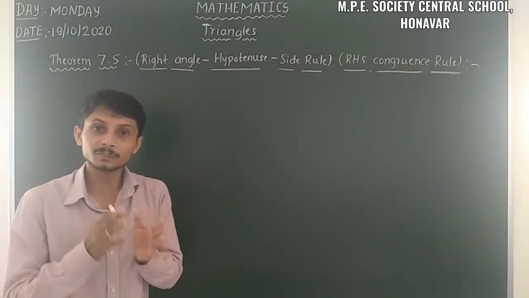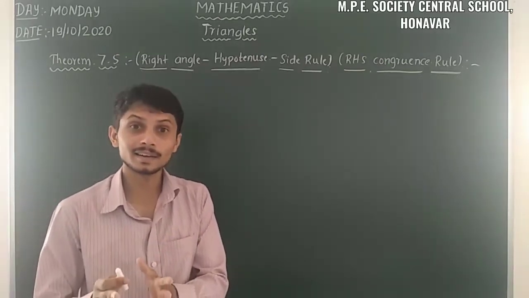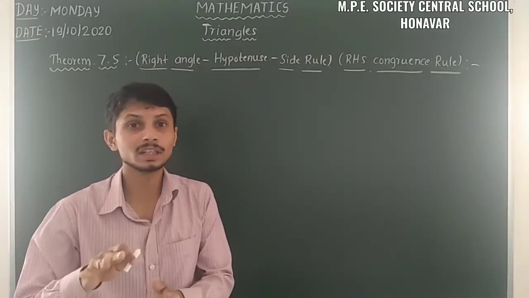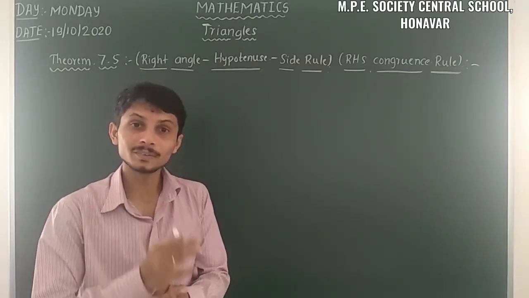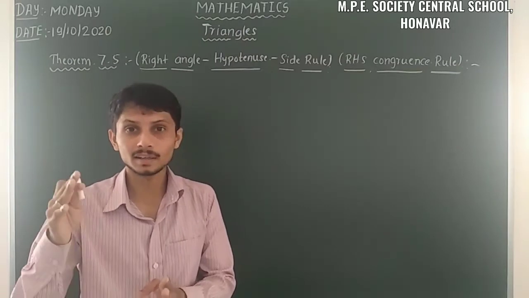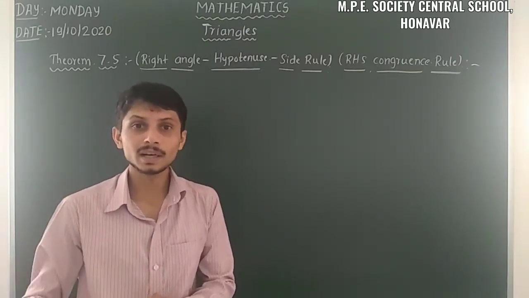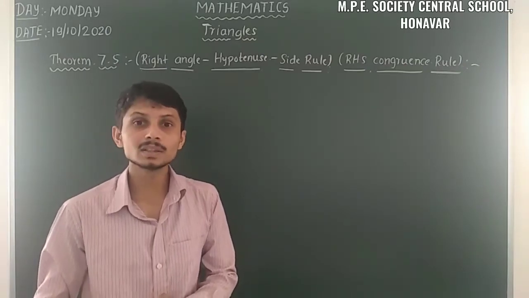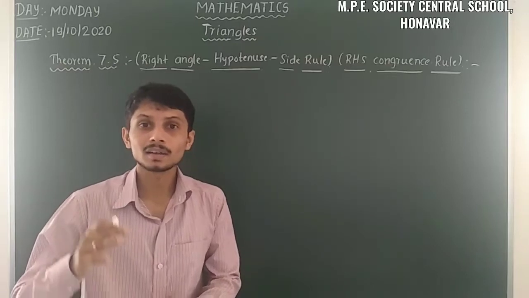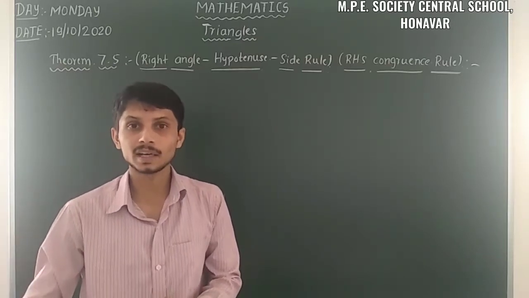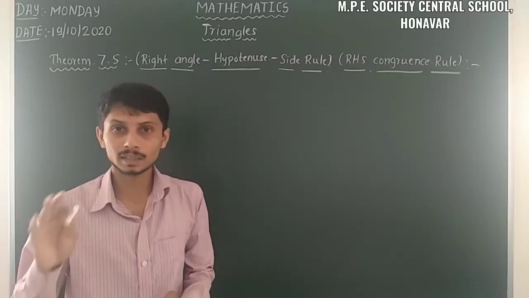Here we have to consider right angle triangles only. If in two right angle triangles, the hypotenuse and one side of one triangle are equal to the corresponding hypotenuse and corresponding side of another triangle, then those two triangles are congruent.